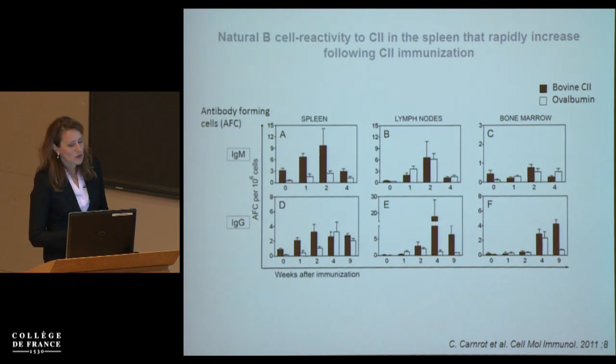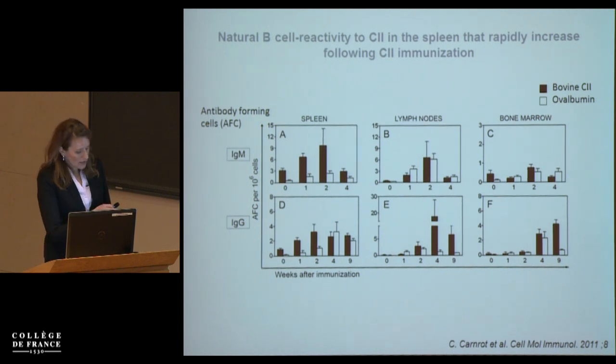So this is my first diagram of plenty, showing our experiments. This experiment was just to screen where we see the autoreactive B cells when we have immunized mice. The organs that we took were spleen, lymph node, and bone marrow. We looked at the IgM response and IgG response. This was done in an assay called ELISpot, where you use B cells and see how much they produce antibodies to collagen.